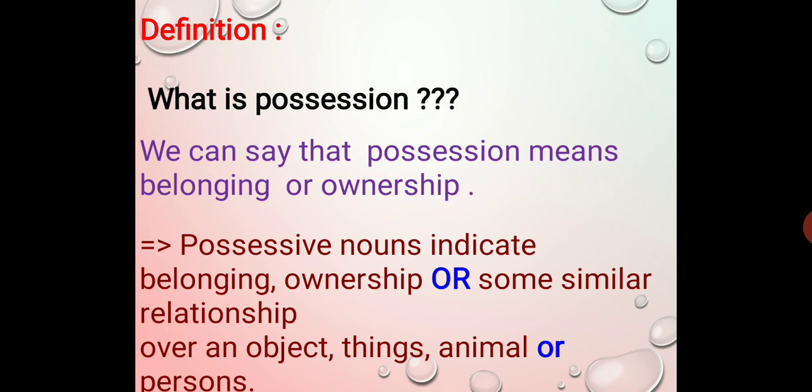Or you can say that possessive nouns indicate belonging, ownership, or some similar relationship over an object, thing, animal, or person. In short, possession means belonging or ownership. If something is belonging to you, you are the owner of something, it is called possession.